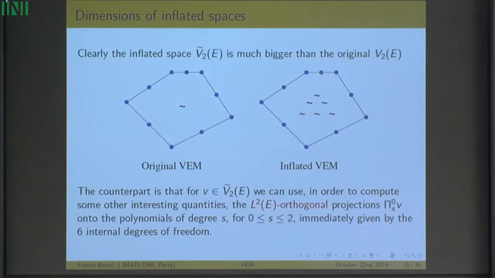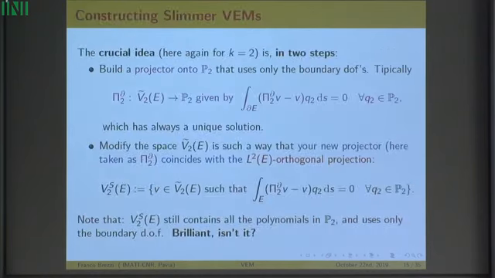So now comes the trick, okay? That's for k equal to 2. Then we will take higher k. So you build another projection onto the polynomials of degree 2. And the idea, we will see it better in a while, is that you want your projector to use as few degrees of freedom as you can.